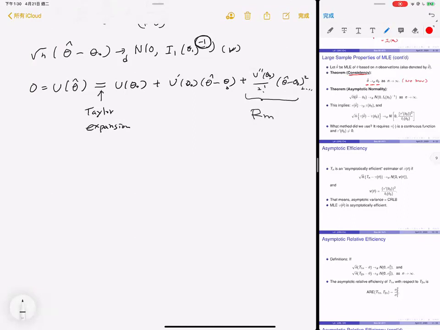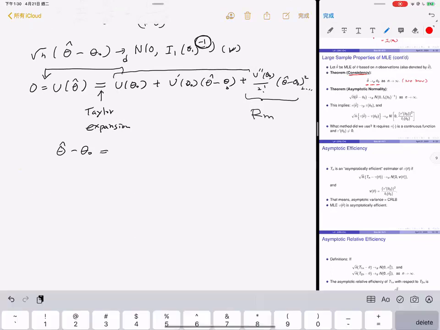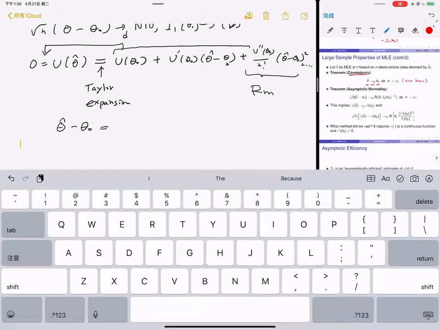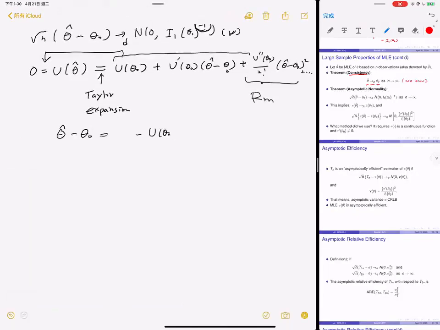If I think about it that way, then I can write theta hat minus theta 0 on my left-hand side, and I'm going to move everything else to the other side. I have minus U(theta 0), and also U prime(theta 0), then taking the inverse, right?